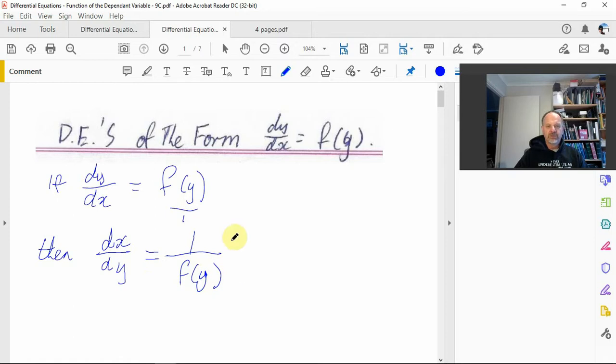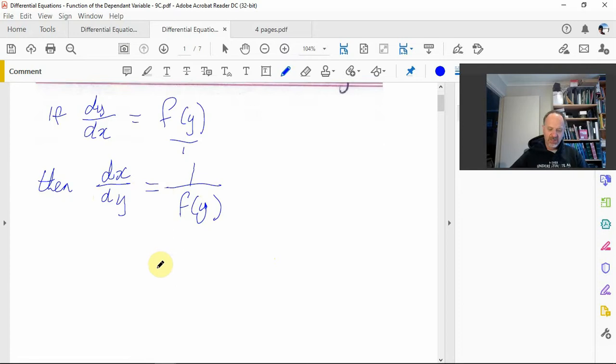And now we can anti-differentiate each side with respect to y. On the left-hand side, the dy is cancelling, leaving us with the integral of dx, which is just x.